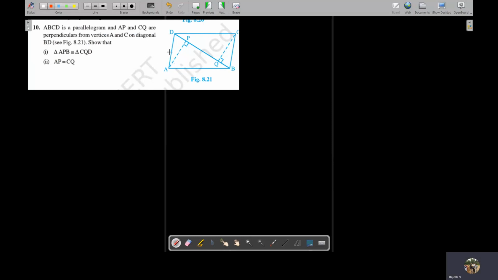First of all, you have to take triangle APD and triangle CQB. In APD and CQB, you can say that AD is equal to BC. Why? The reason is opposite sides of a parallelogram.